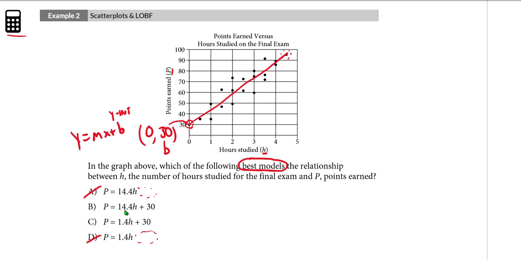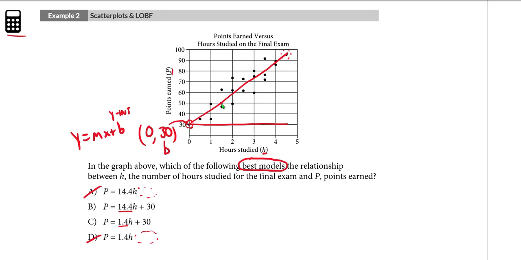Now I'm down to B and C. The only other parameter that I would need to maybe explore here would be the slope, 14.4 versus 1.4. I can see which one is more reasonable by simply finding the rise and the run. So the run from that leftmost point, I don't have to use the left and rightmost point, although they do look like the best options.